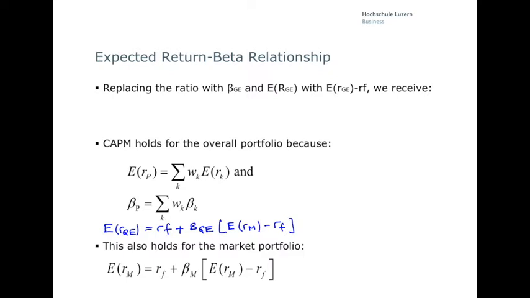Incidentally, this result has to be true for the market portfolio itself, as shown in the following formula. In a well-functioning market, investors receive high expected returns only if they are willing to bear risk. The market beta is equal to 1.